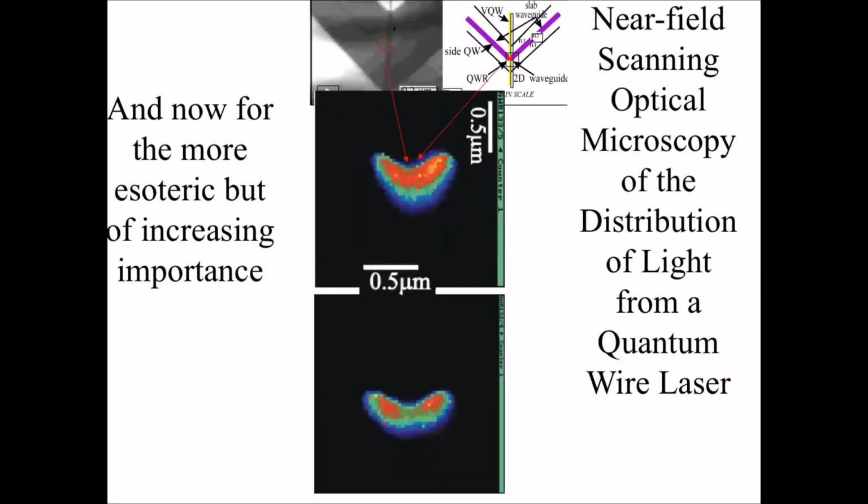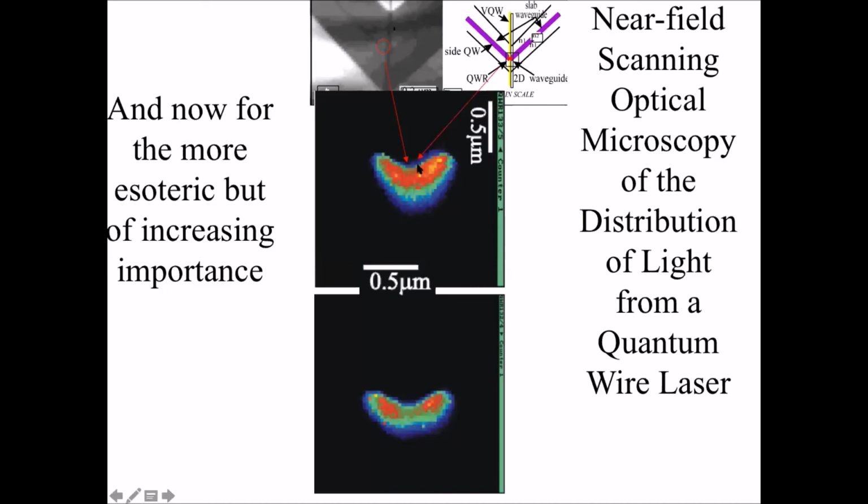Okay, this is what I want to show you. This is what is called a quantum wire laser. The light is collected by the probe. You can see this is 0.5 microns. So the resolution is amazing here. This is on the order of 50 nanometers. Okay? What's the difference between this and this? 0.8 nanometers, not in space, in wavelength.